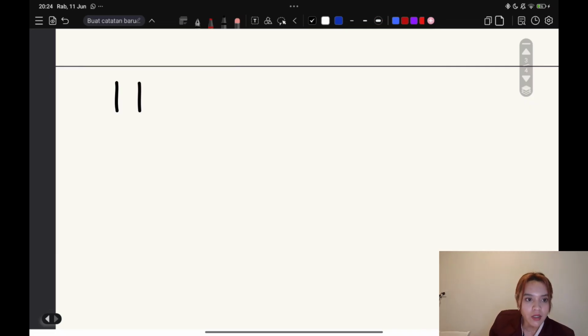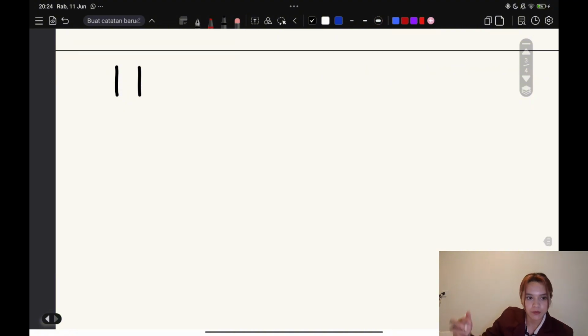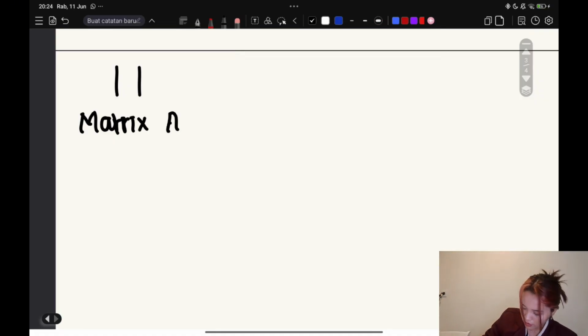For the determinant of a two-dimensional matrix, for the example, matrix A like this.